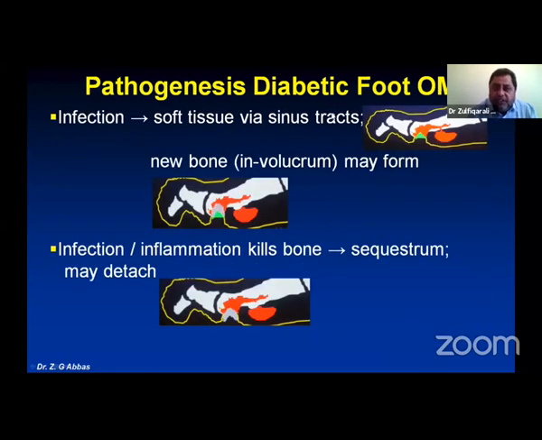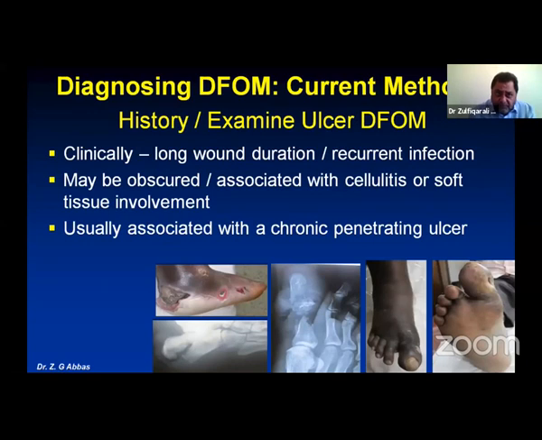There is also sinus tract formation, and at the same time involucrum, that is new bone, starts forming. The infection and inflammation also start killing this new bone, and the sequestrum, that is dead bone, gets detached. So in summary, this is the process of what happens in osteomyelitis.